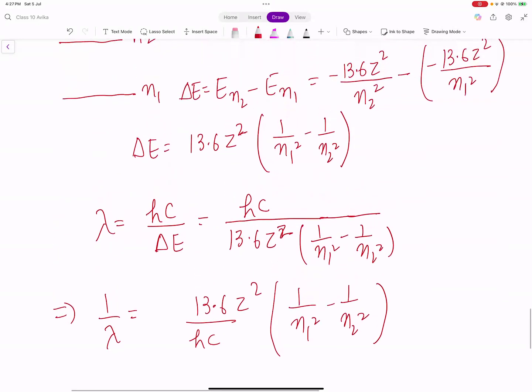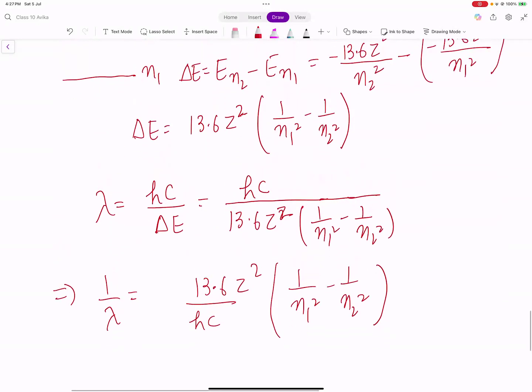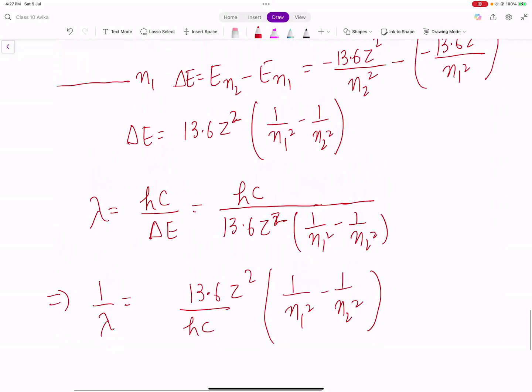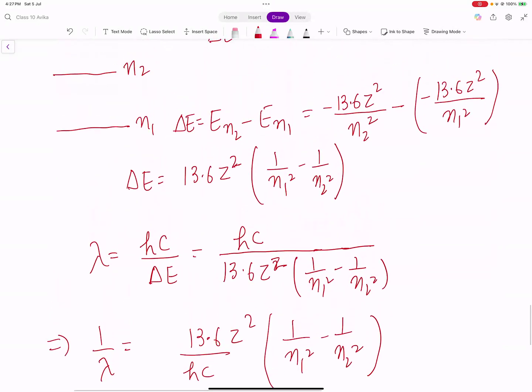You're getting the point, right? But here I've made one small thing, which is that I should have taken the energy in joules. Because I've taken it in electron volt, I have to convert everything. But anyways, I wanted to illustrate a point.